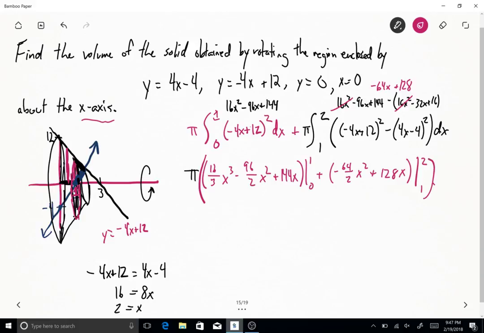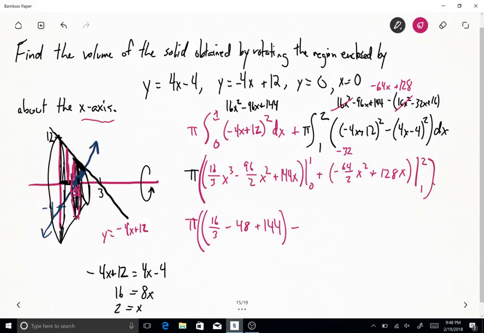So this is now pi. We'd have 16 thirds, I'm plugging that in, minus 96 over 2, what is that, 48 I believe, minus 48 plus 144. And then we have, that's going to be negative 32, I believe.